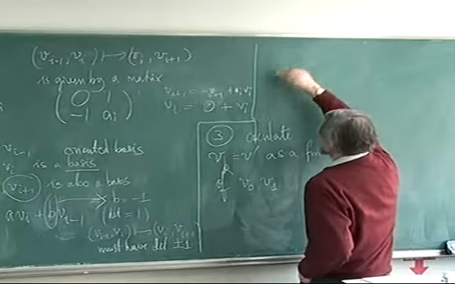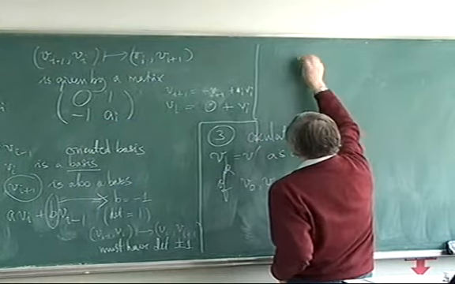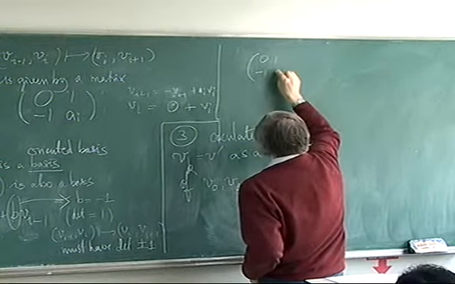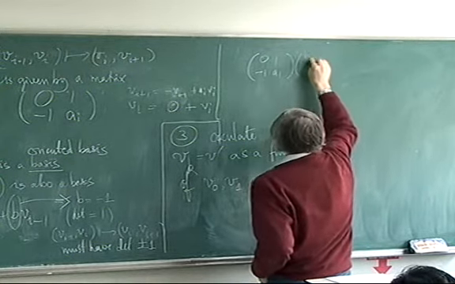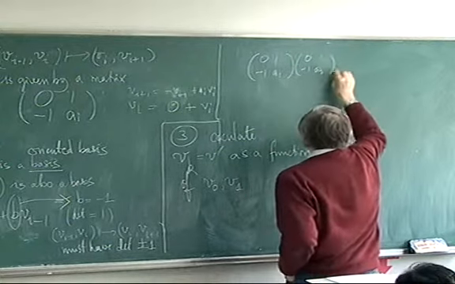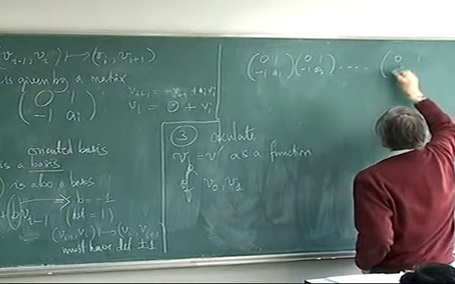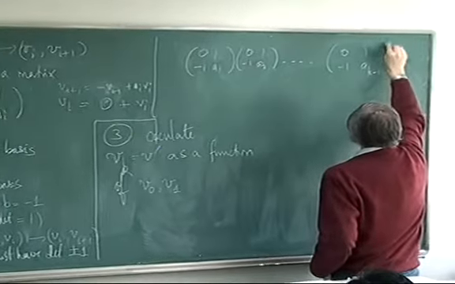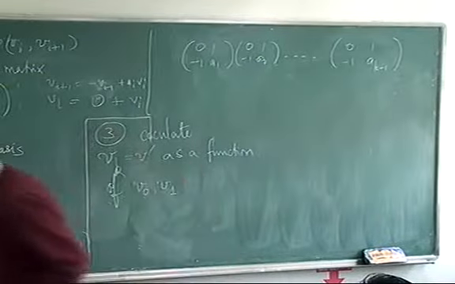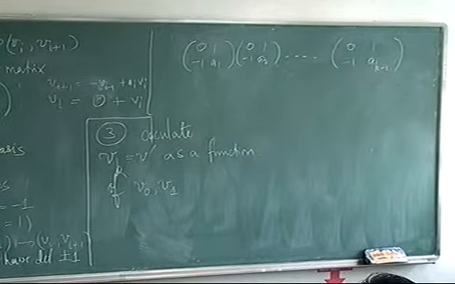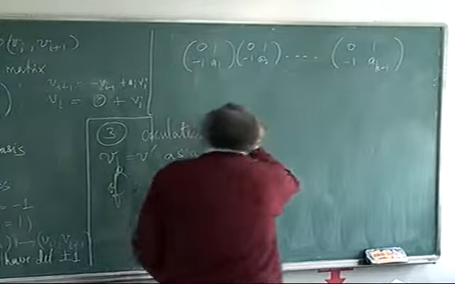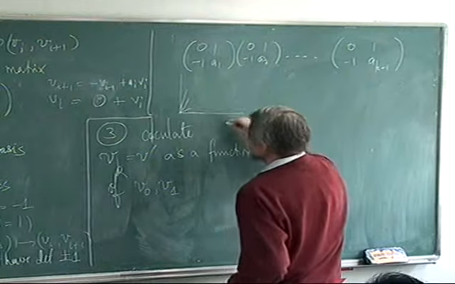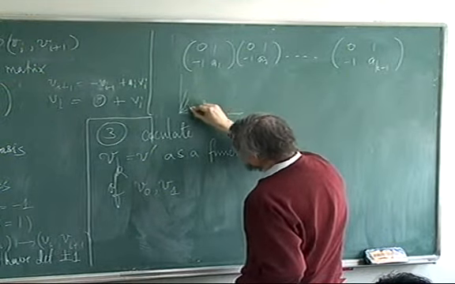But let me do a numerical example so we can understand what's happening later. If I do (0, 1, minus 1, a_1), (0, 1, minus 1, a_2), up to (0, 1, minus 1, a_{k-1}), this is k minus 1 changes of basis going around here. So it's a change of basis from this basis to this basis to this basis.